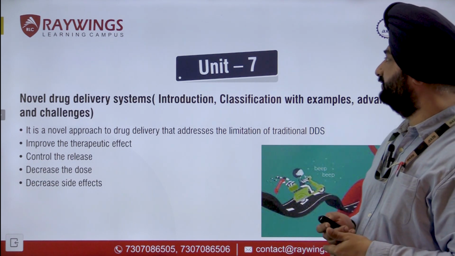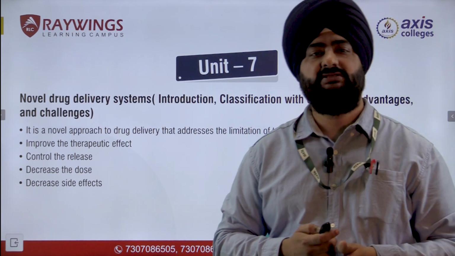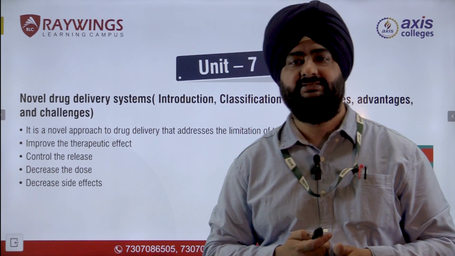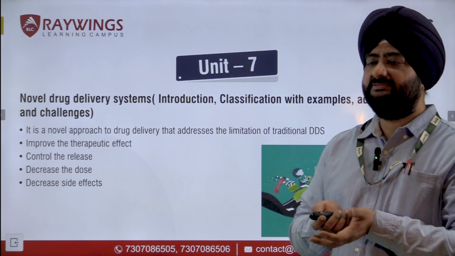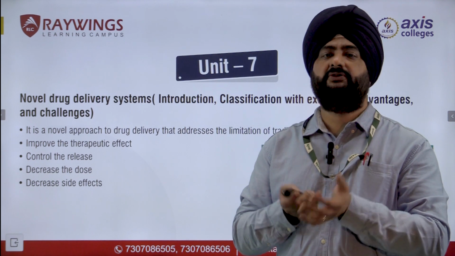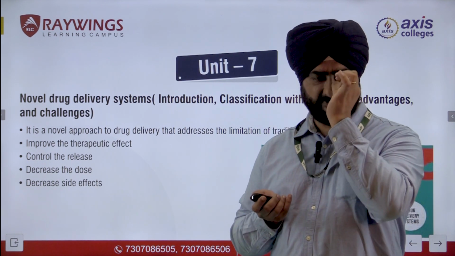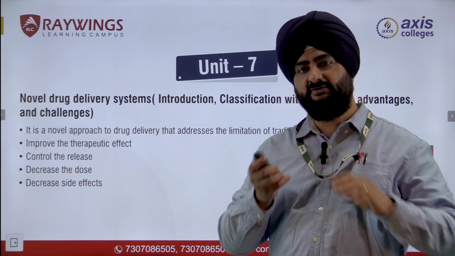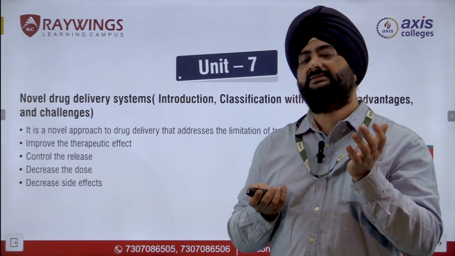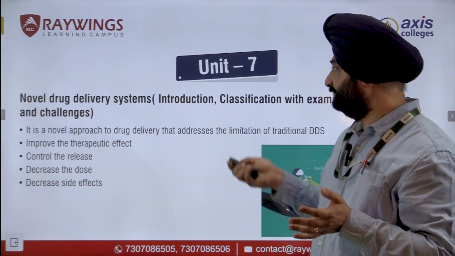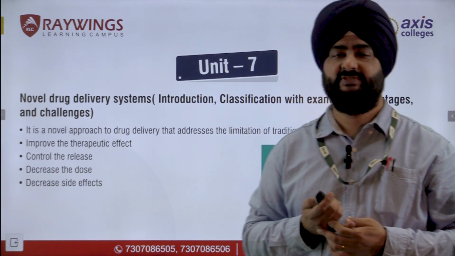Now in unit 7, we're going to cover novel drug delivery systems, in short NDDS. Now, what does the term novel mean? Novel means if we could control the rate of disintegration of the tablet, the rate of dissolution, then the dissolution time, and by this we can decrease the dose, right?